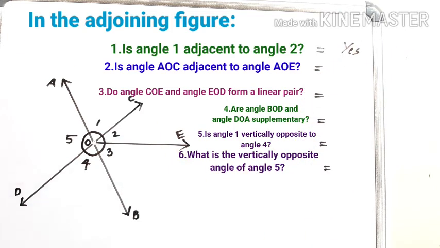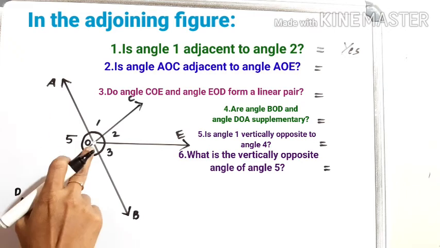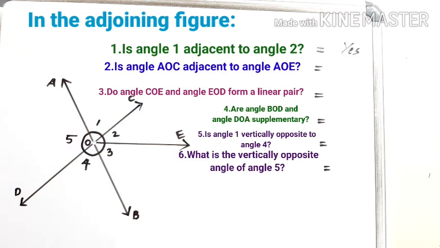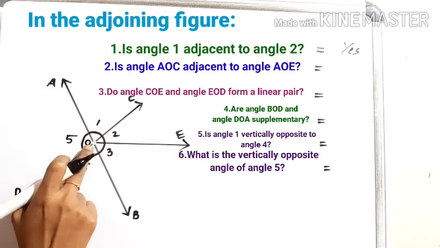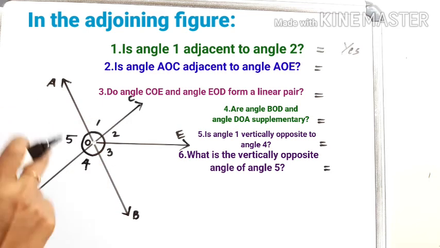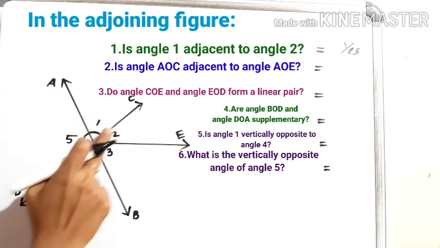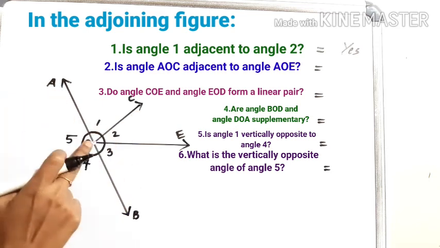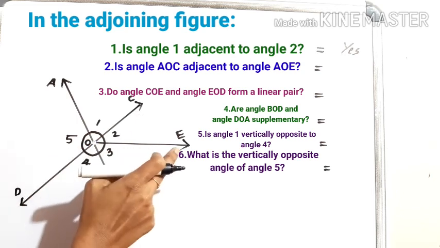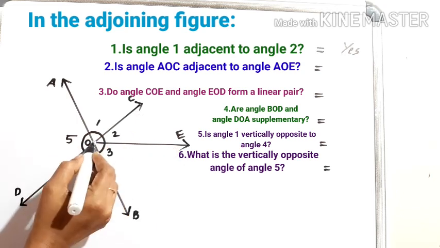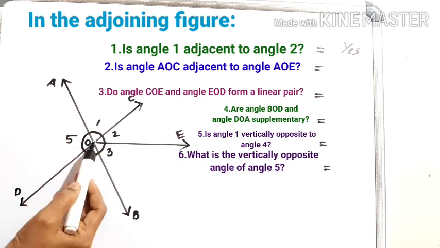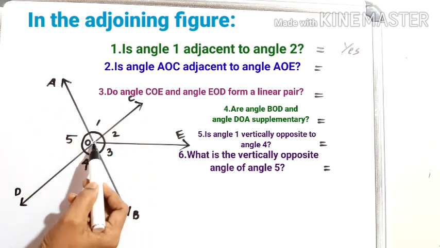Listen, next question. Question number 2 is angle AOC adjacent to angle AOE? Here we can see common vertex. AOC, AOE.